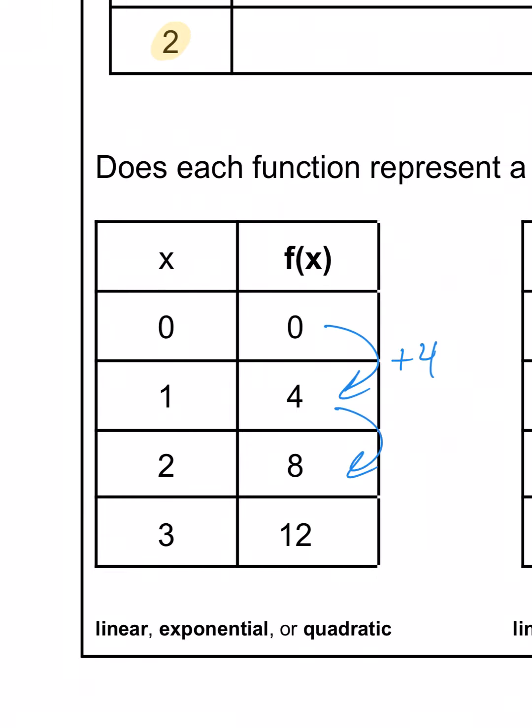We're adding 4 here, we're adding 4 here, and we're adding 4 here. When we have repeated addition that's the same each time, this is a linear function. This is linear. We have repeated addition, the same change every time.